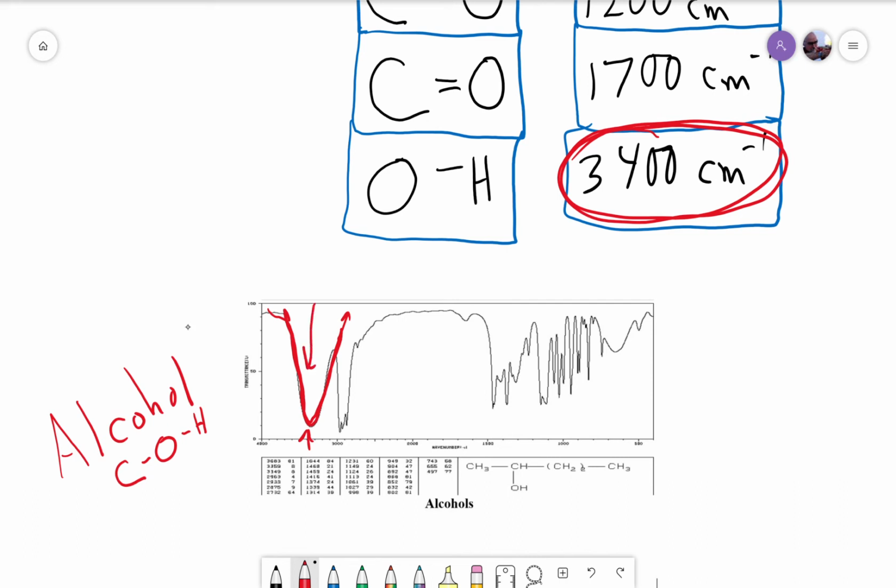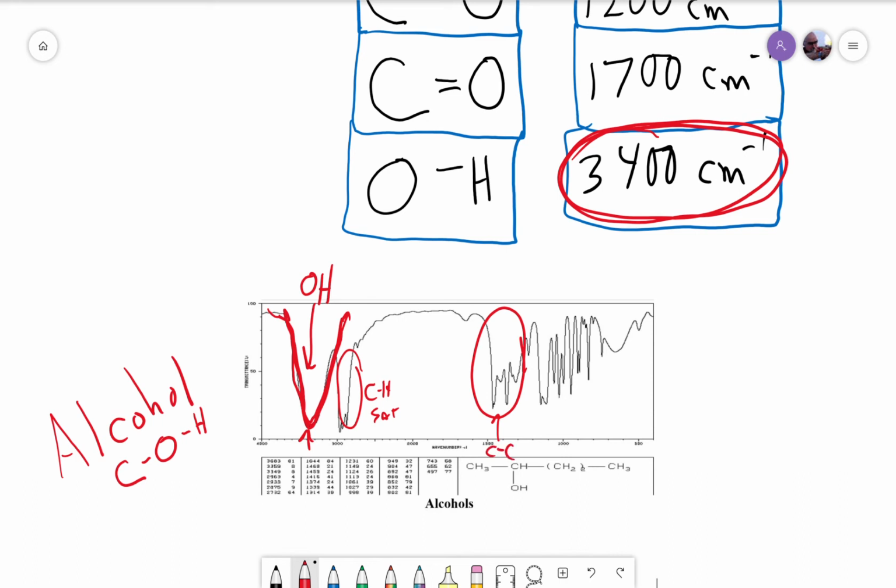This peak right here is the OH peak. We've already talked about the peak at 2,900 is the CH coming from a saturated system, and the peaks at 1,400 are the peaks coming from the CC single bond.